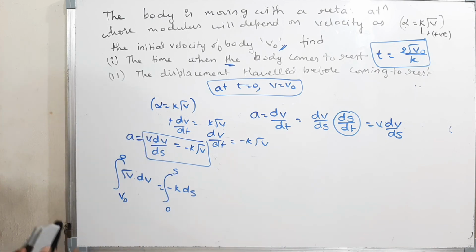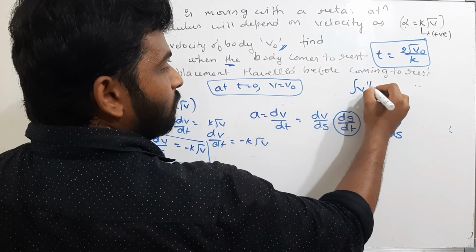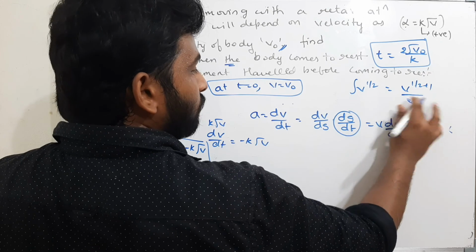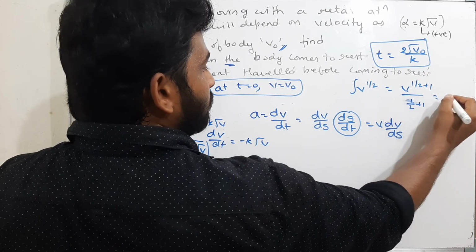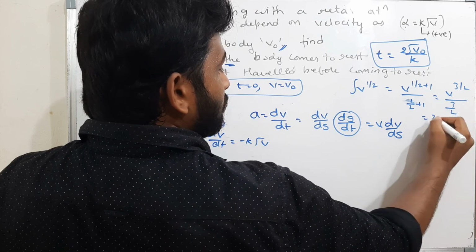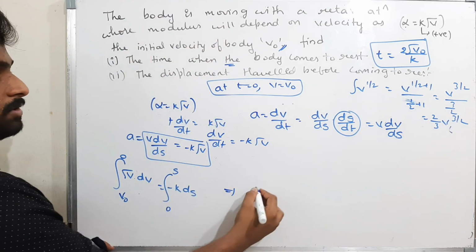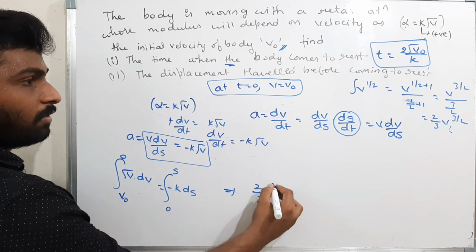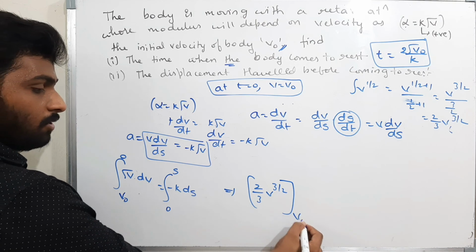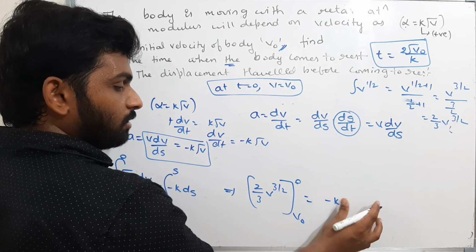Now start doing integration. What is integration of root v? Integration of v power 1 by 2 is how much? V power 1 by 2 plus 1, by 1 by 2 plus 1, which is nothing but v power 3 by 2 by 3 by 2. That is 2 by 3 v power 3 by 2. And limits are from v0 to 0, which is equal to minus k into s.